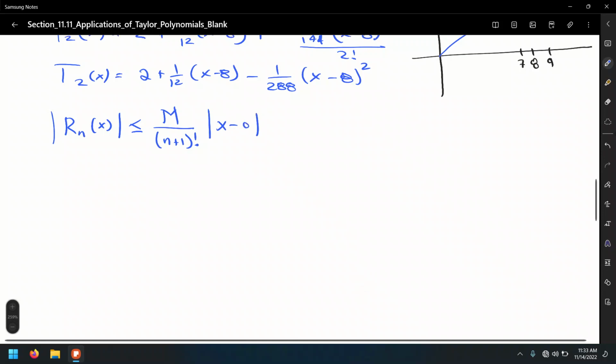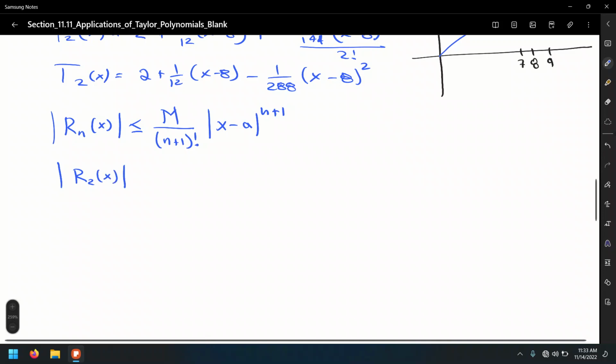That looks like a 9, let me make it look like an a. Okay, that looks like an a to the n plus 1. In other words, that number has the form of the next term. For example, in our particular case, we are dealing with R sub 2 because we're using the second degree polynomial to approximate our function. That's the remainder of using the second degree polynomial.